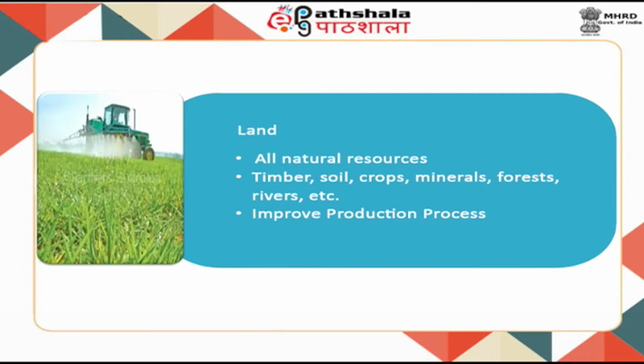Using land for industrial purposes allows nations to improve the production processes for turning natural resources into consumer goods, such as timber, soil, crops, minerals, forests, rivers, etc., that are used in the production of consumer goods.